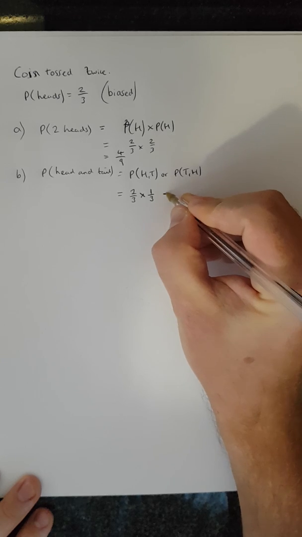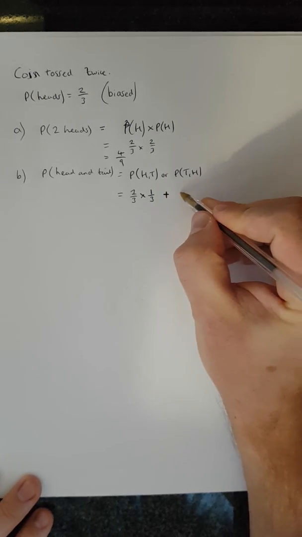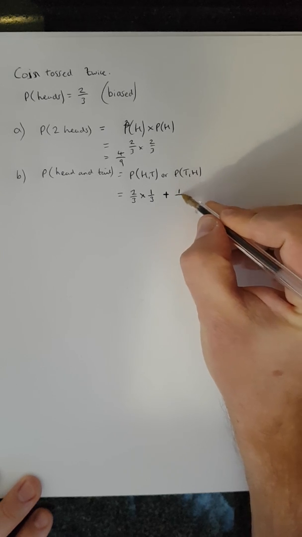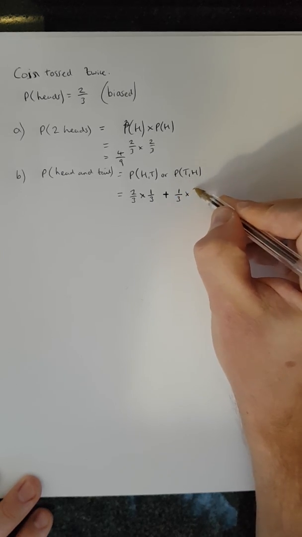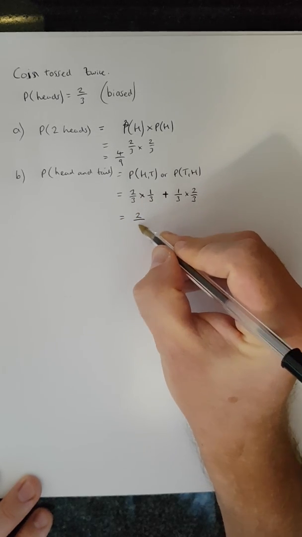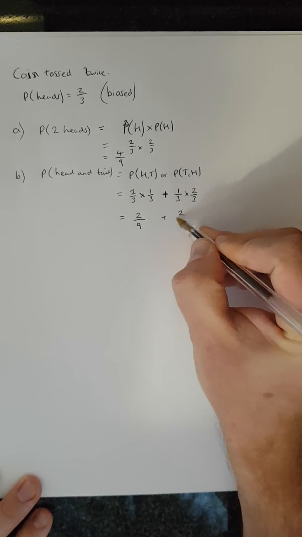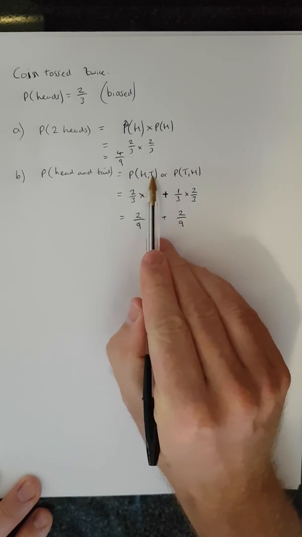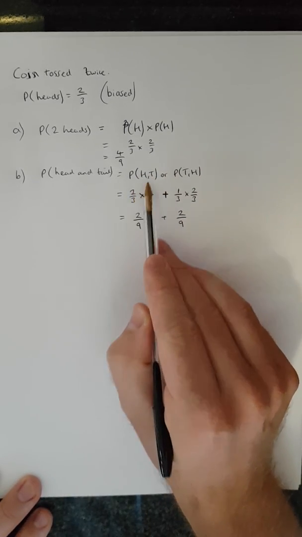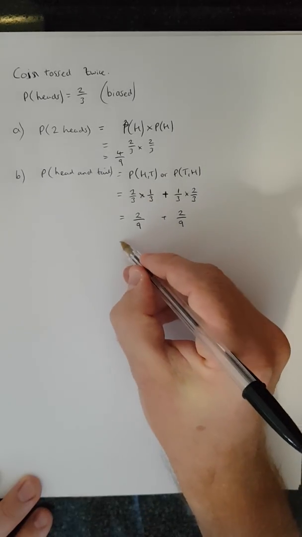Or represents add here, if you remember. And this will be tail, which is 1/3, times the second branch, which is that. So this is a pair of branches, therefore we multiply, and this is the probability for each outcome.